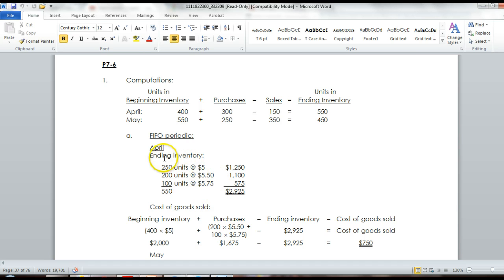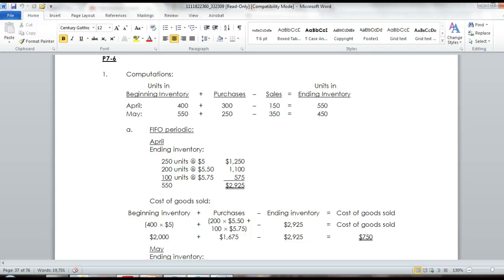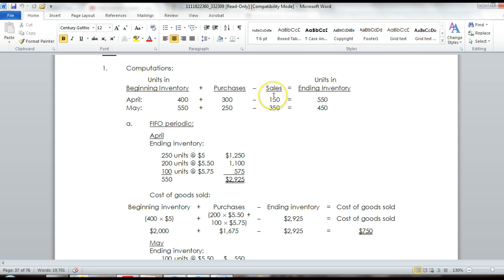So we see here for the ending inventory in April, 550 units, and again, this was based on the initial beginning inventory and our purchases. So we have $2,925 sitting in ending inventory. Now we know we sold 150 items, and we sold them at that initial beginning inventory price of $5 an item.